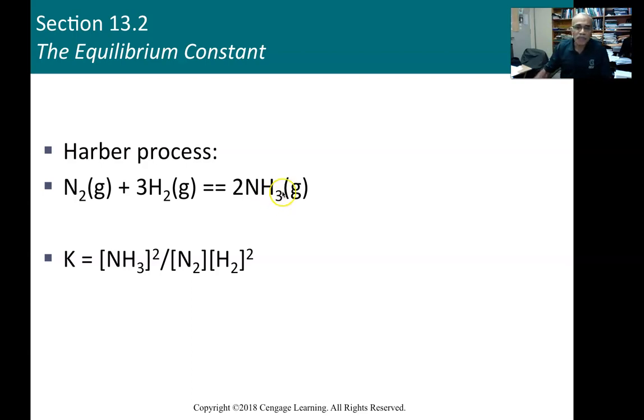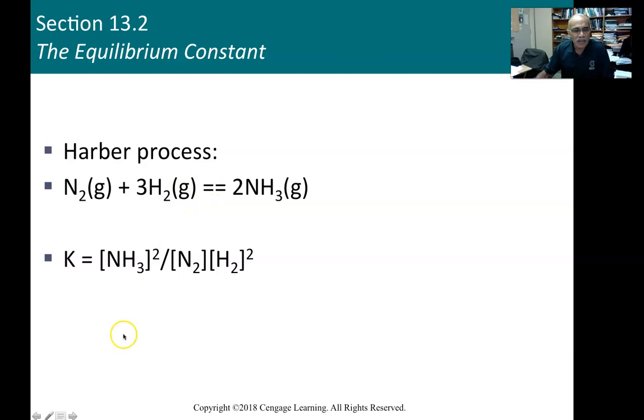Ammonia is a very important compound, because this was widely used in explosives during that era. So the two reactants are nitrogen gas and hydrogen gas.